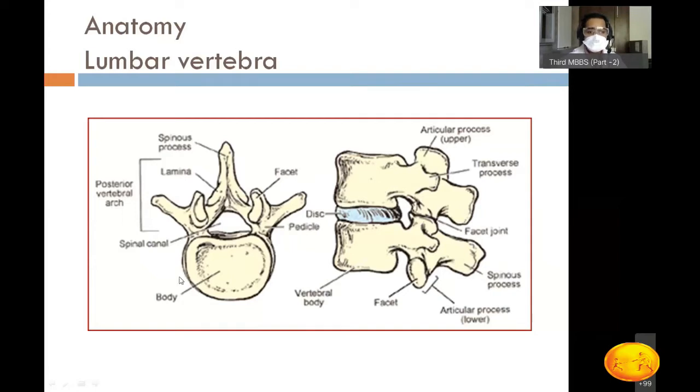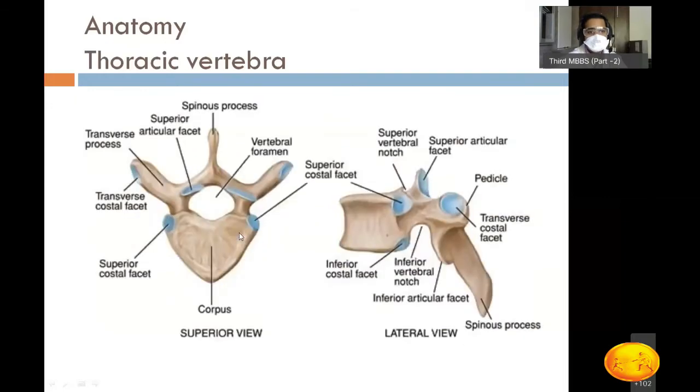The body in case of lumbar vertebra is what we call kidney shaped, and the facet joints are around 45 degrees to the horizontal. In thoracic vertebra, if you compare, the body is heart shaped.